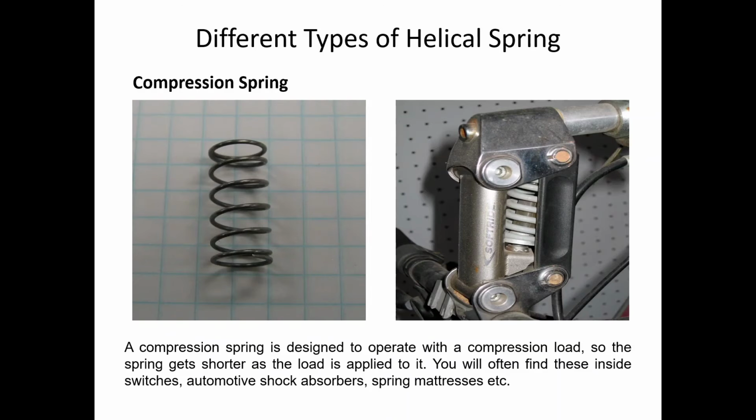Now let's have a look at different types of helical spring. First is compression spring. A compression spring is designed to operate with a compression load. So the spring gets shorter as the load is applied to it. In general, we find this in our shock absorbers, spring mattresses, and inside our electric switches.